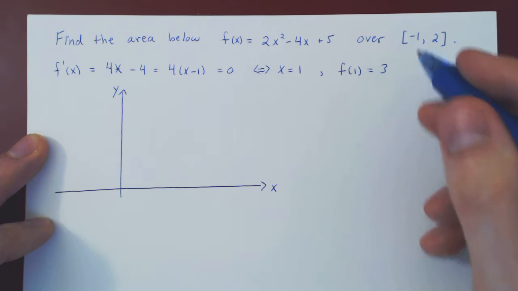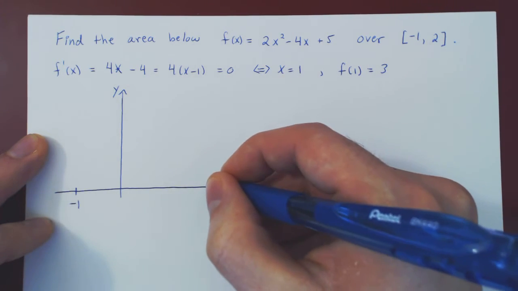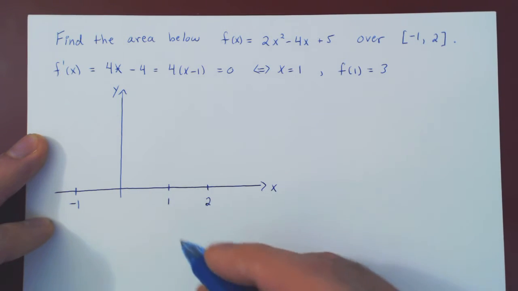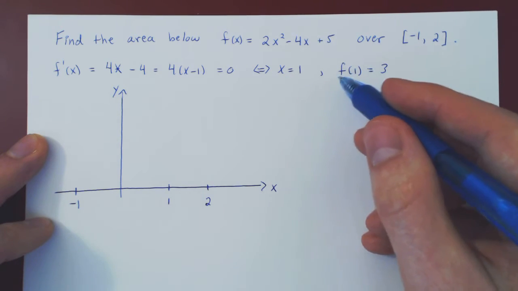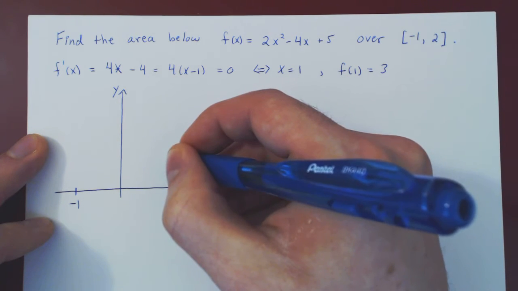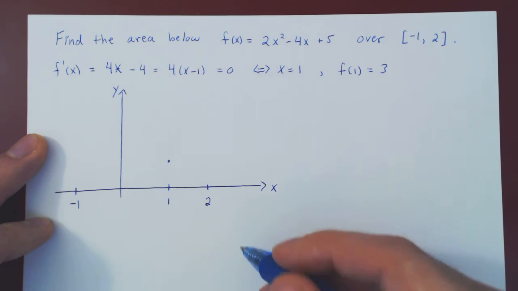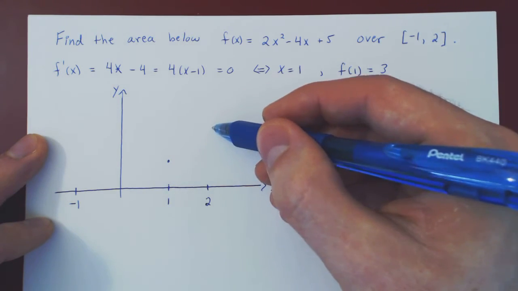So now we can very easily create a pretty accurate sketch of this polynomial. Well, the interval goes from x negative 1 to x is positive 2. And on this interval, the apex is at x equals 1, and f of 1 is 3. So at this point right here, the derivative is 0. So the parabola will look something like this.